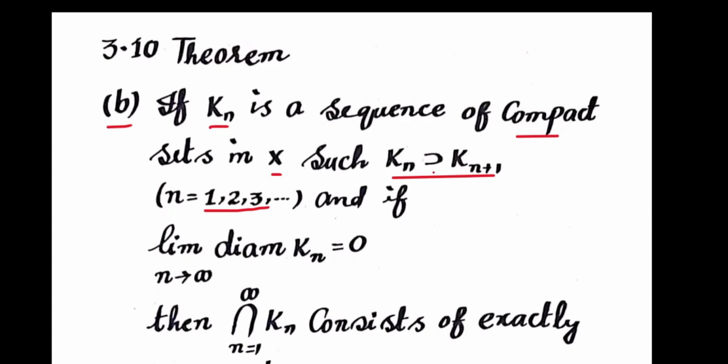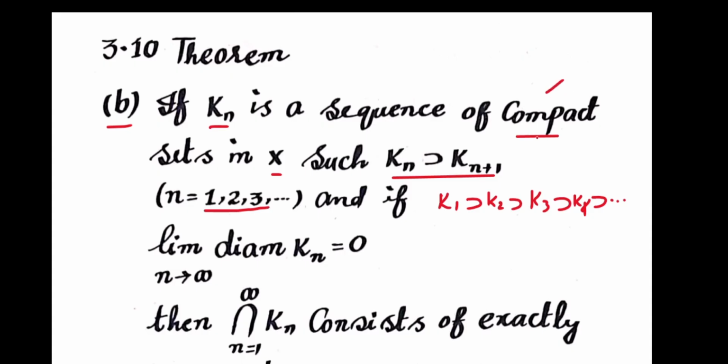Kn is a superset of Kn plus 1 means every previous set is a superset of the next set. In other words, if you put n is equal to 1, this gives K1 is a superset of K2. If you put n is equal to 2, this gives K2 is a superset of K3, K3 is a superset of K4, and so on, this chain continues. So the first information in the theorem is that the sets are compact sets.